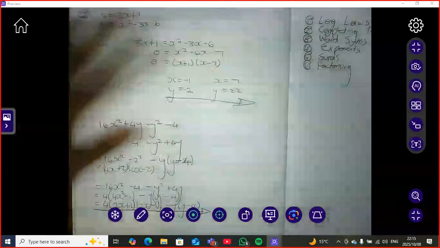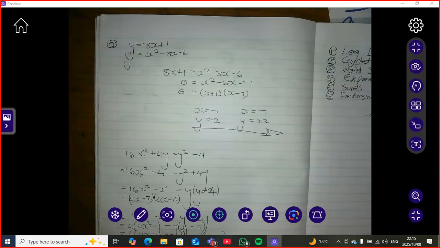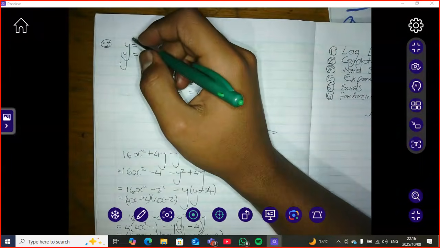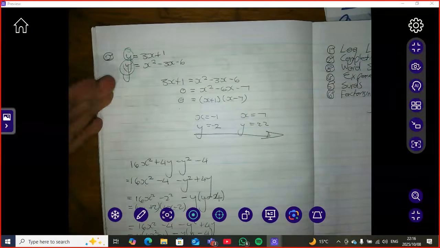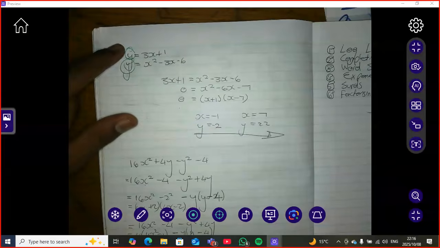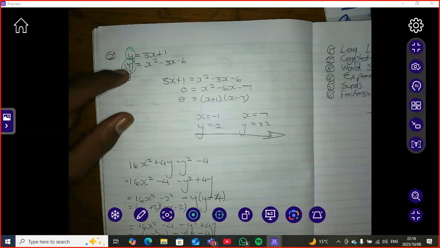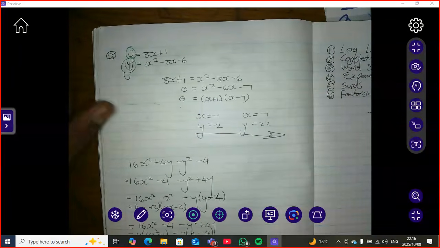Next one is saying y equals 3x plus 1 and y equals x squared minus 3x minus 6. When I have a y there and a y there, and because my equations are both alone like this, I can set them equal to each other.